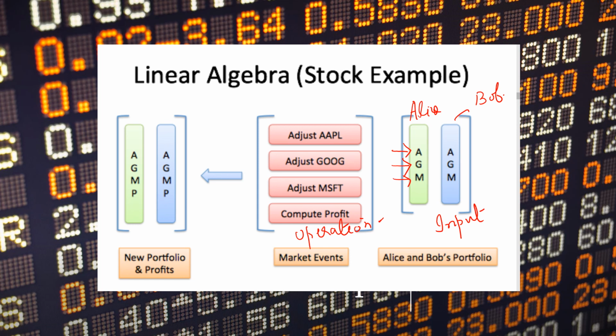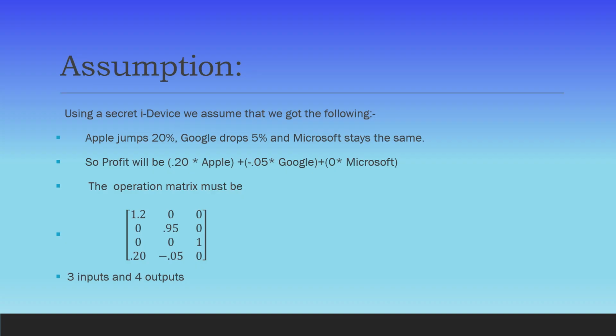That is my input and operation matrix, and the final output will be the new values for Alice and Bob. The first row is Alice's values, and the second is for Bob. So we need a relation connecting this. Let us see how to get the input values, operations, and the output.